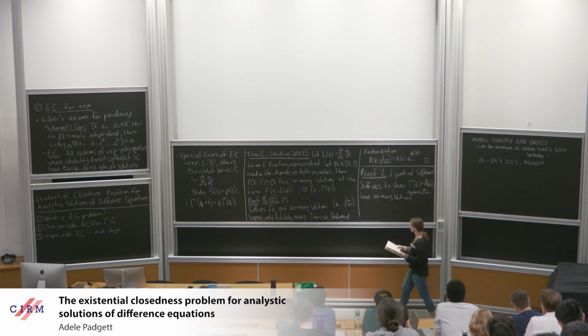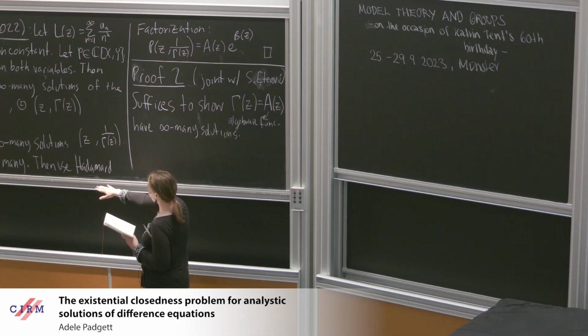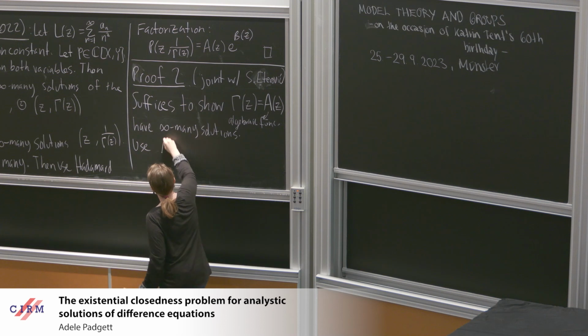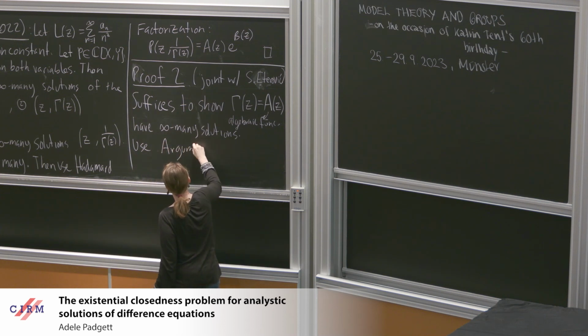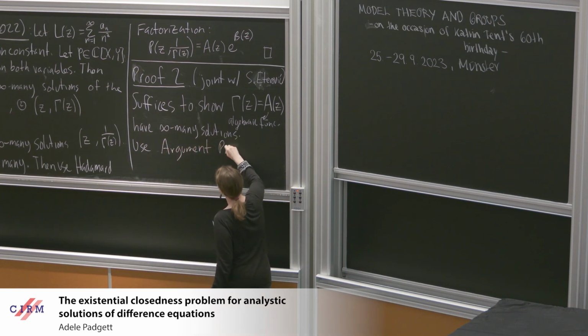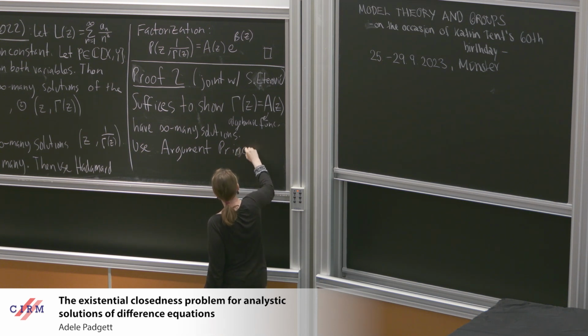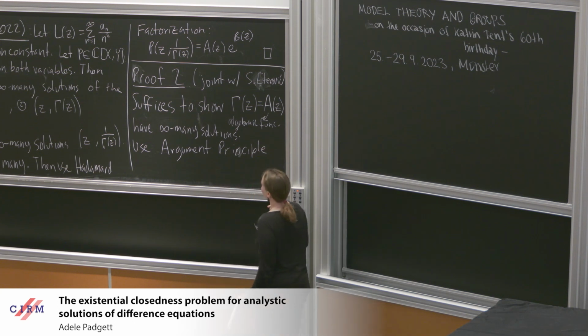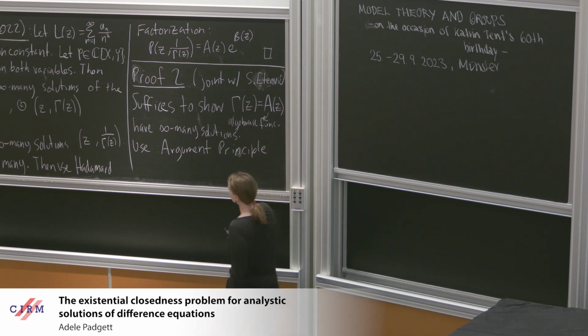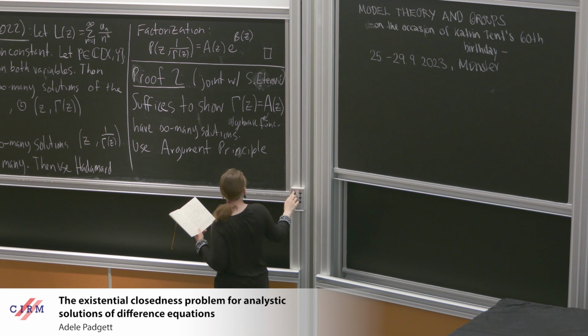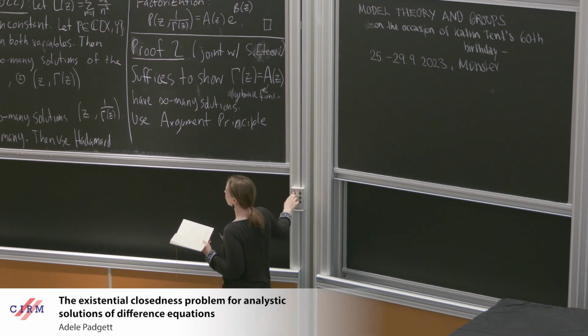So Hadamard factorization doesn't have a higher dimensional analog, but we'll use the argument principle, which does have an analog in higher dimensions. And just to remind you what the argument principle says, maybe I'll go to a new board.